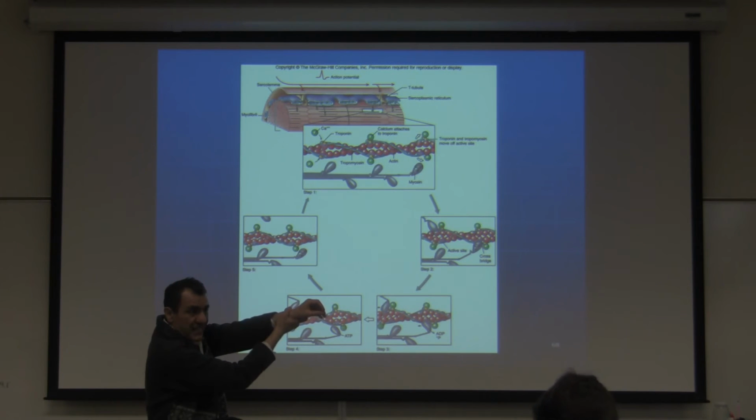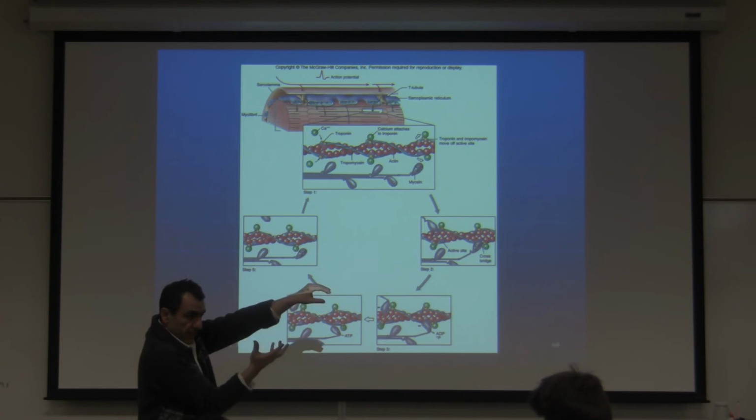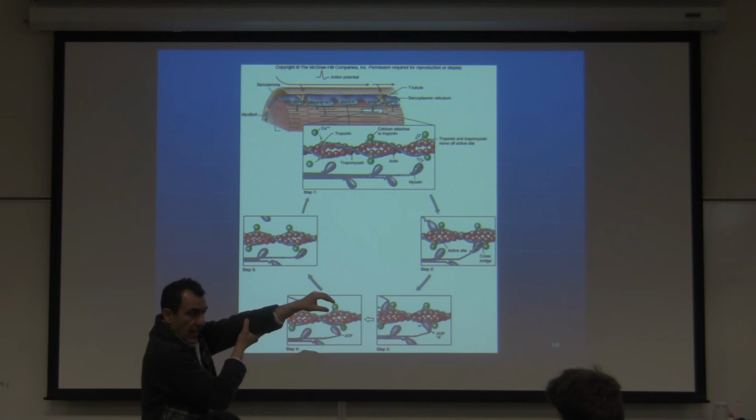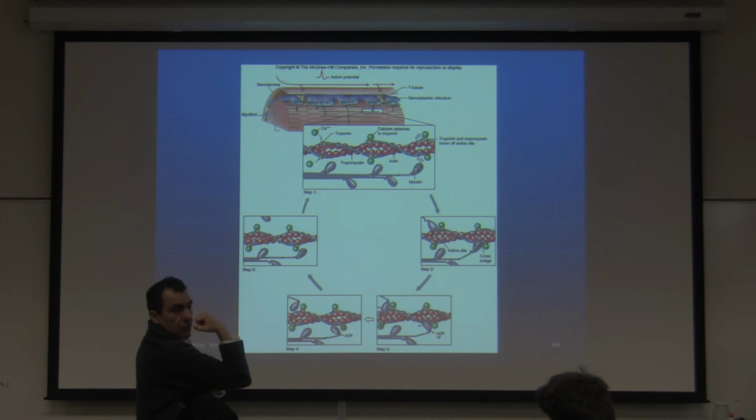Before they release, they pull. The head of myosin attaches to the actin and, before it releases, pulls. Release, pull, release, pull, so the muscle becomes shorter.